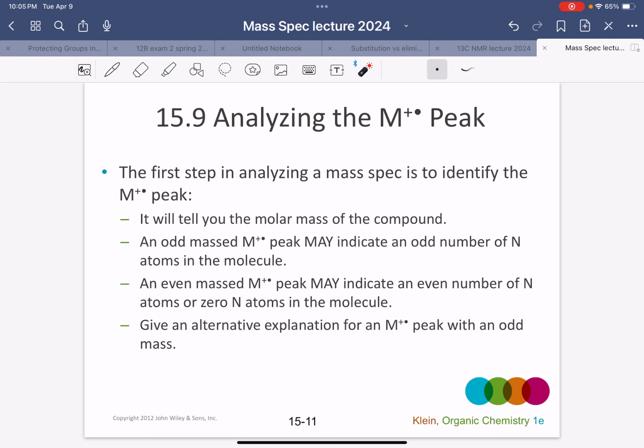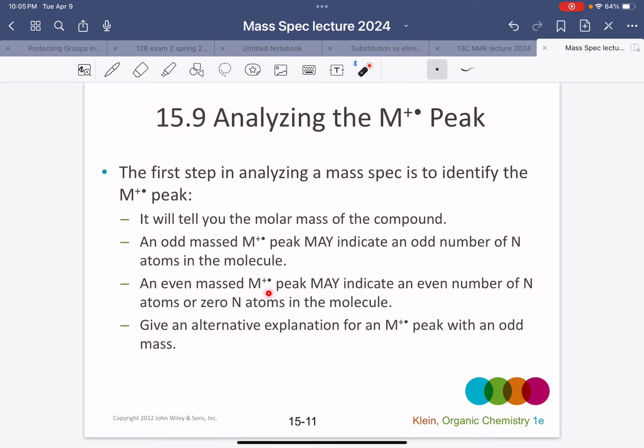All right. If you have an odd mass for your M plus peak, it may mean you have a nitrogen or an odd number of nitrogens because you'll be bringing along another hydrogen. Remember, nitrogen counted as half a carbon for determining degrees of unsaturation? Again, because it's trivalent, we get that extra hydrogen.